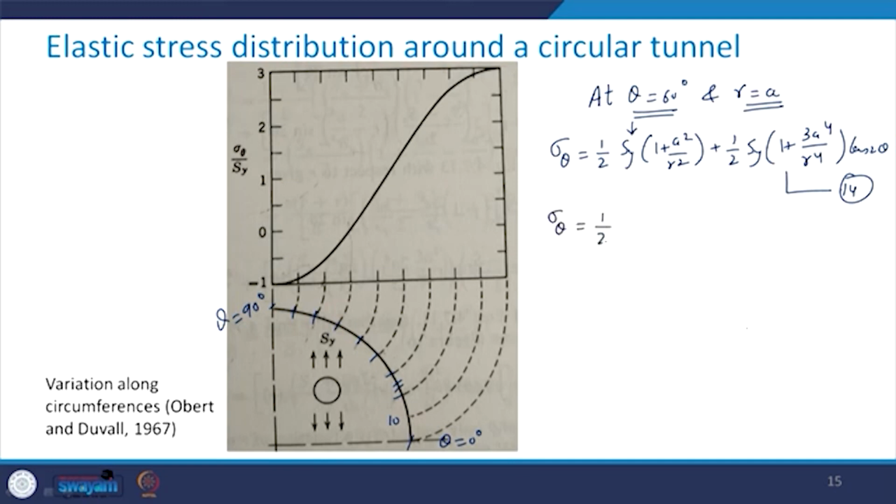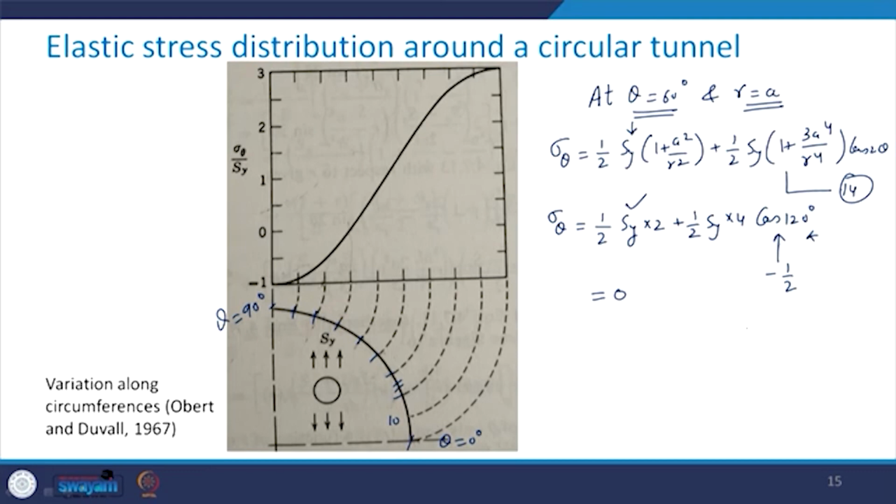This is going to be half Sy, this will become equal to 2, so multiplied by 2, plus half Sy multiplied by 4, and you will have cos of 120 degree. We know that cos 120 degree is minus half. So, this gives sigma theta equal to 0. You see that this is Sy and this will become minus Sy, so they will get cancelled out.